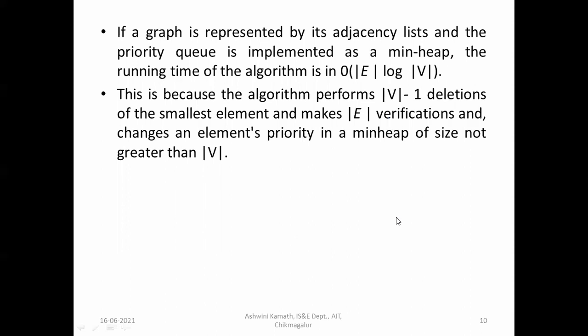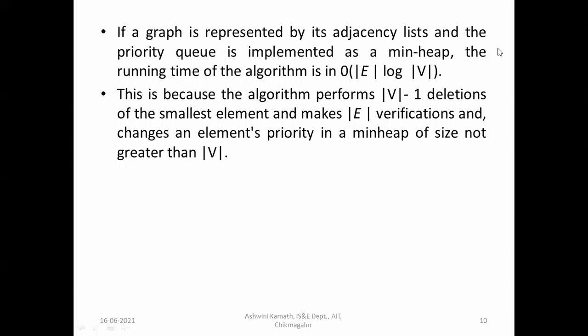Max heap means the parental node of the tree will be having the largest value when compared to its child nodes. Min heap means the parental node will be having the minimum or smallest value when compared to its child nodes.